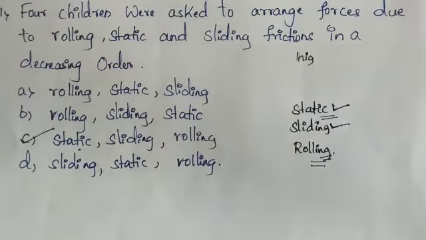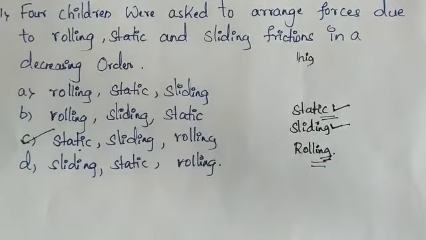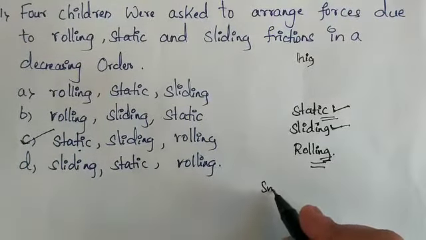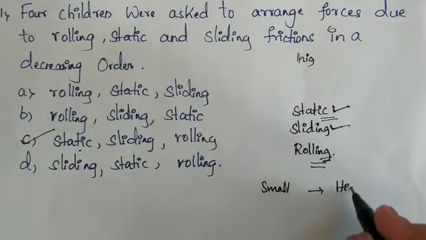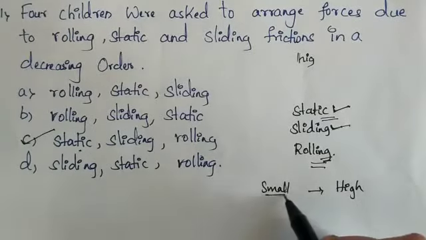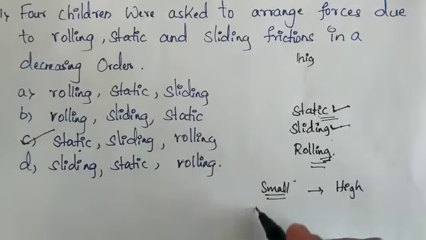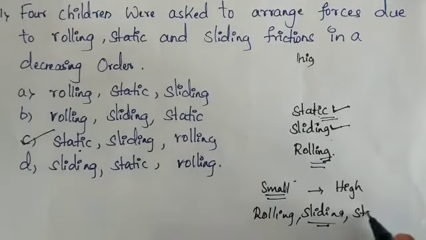Similar to this question, instead of decreasing order, they can give you the increasing order. Increasing order means from the smallest force of friction to the highest. Rolling friction is the smallest compared to sliding friction, and sliding friction is lower compared to static friction.